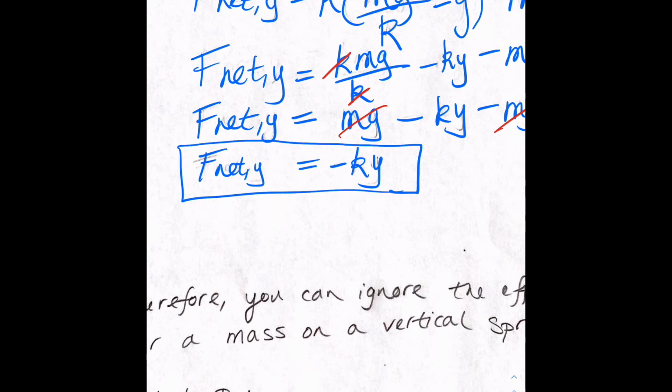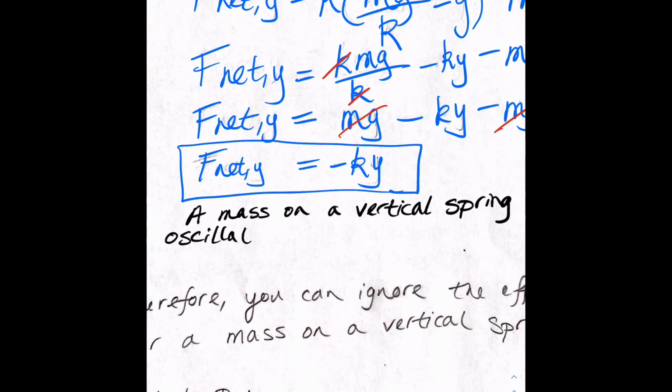So a mass on a vertical spring oscillates with a linear restoring force and is therefore simple harmonic motion. So let's go ahead and write that down. And we should probably specify which equilibrium.